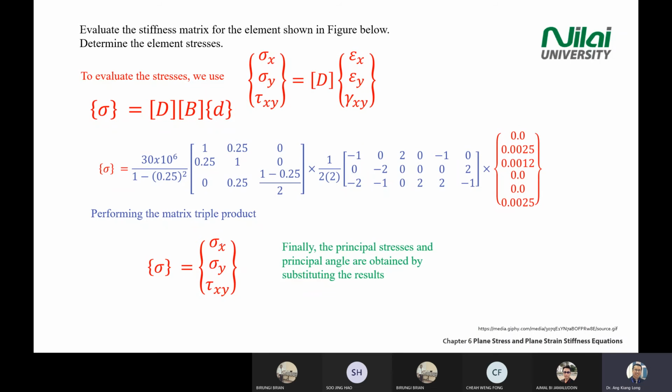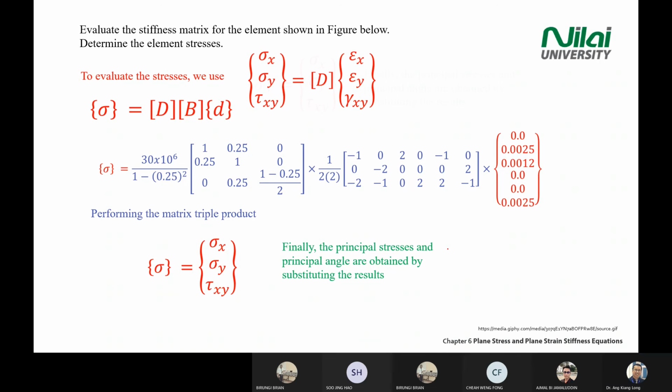Okay, and then you need to put them into principal stress. After you get the stress in the X direction, the stress in the Y direction, and the shear stress at XY, these three numbers enable you to find the principal stresses, stress 1 and stress 2, and also the principal angle, which is your theta 1.